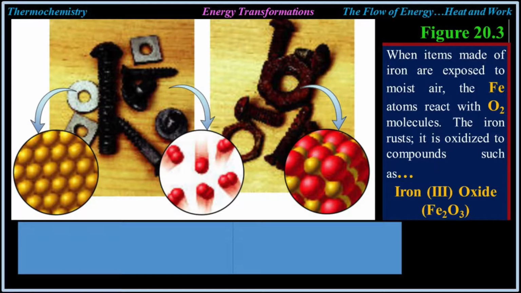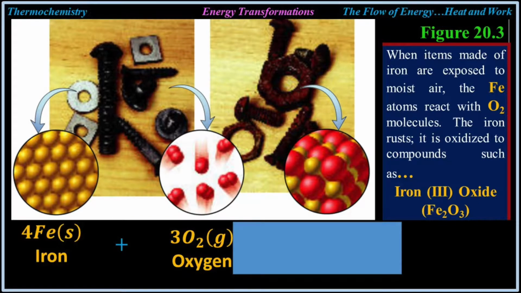So here is Figure 20.3. When items made of iron are exposed to moist air, the iron atoms react with oxygen molecules. The iron rusts. It is oxidized to compounds such as iron(III) oxide.